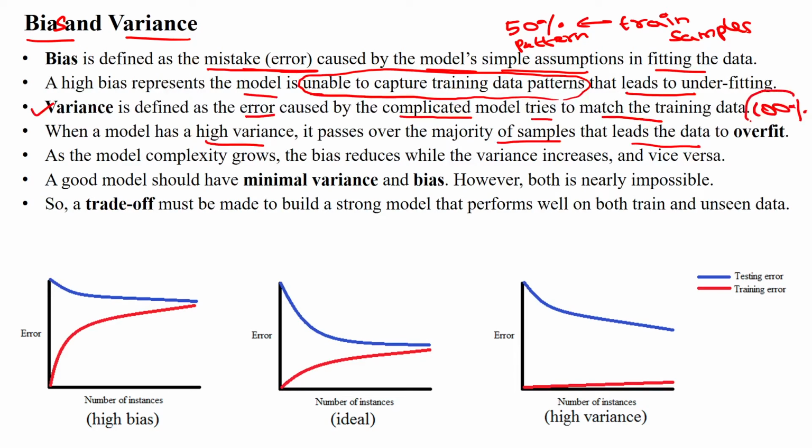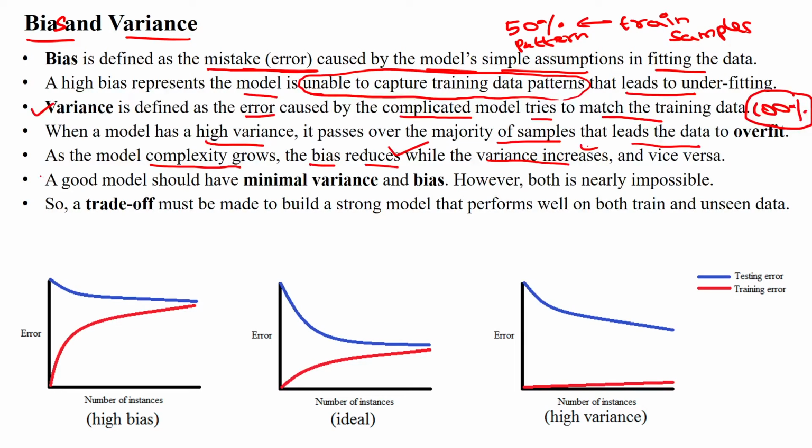If it is learning 100 percent of the data with a small number of samples, there is the possibility of our machine learning model overfitting the training data. When the model complexity grows, bias reduces while variance increases, or when bias is increasing, variance will be decreasing. So both are possible.